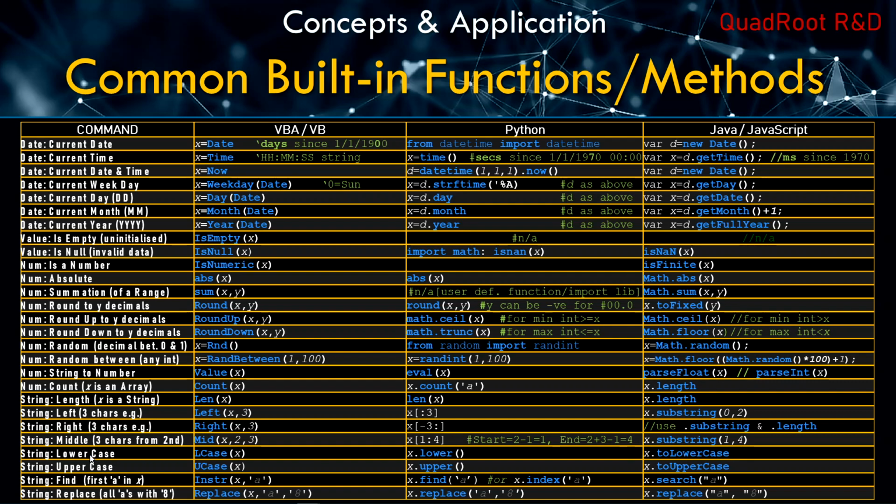Now, if you want to change the case of a string, you use lowercase to convert all to lowercase, or uppercase to convert all to uppercase. In VBA, it's LCase and UCase. In Python, it's x.lower and x.upper. And in Java and JavaScript, it's x.toLowerCase and x.toUpperCase.